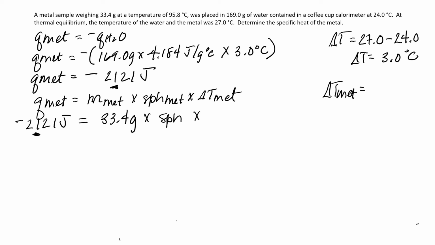T final of that metal was 27 degrees. T initial was 95.8, and these are degrees Celsius. So delta T of the metal is a negative 68.8 degrees Celsius.